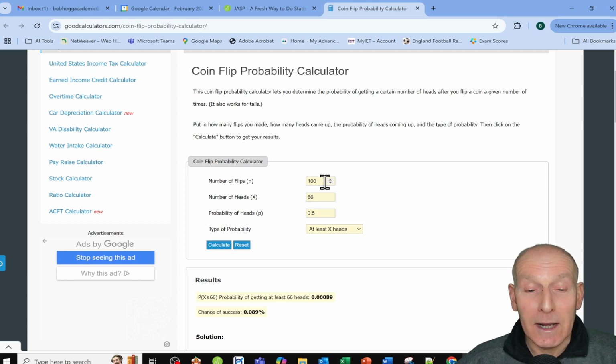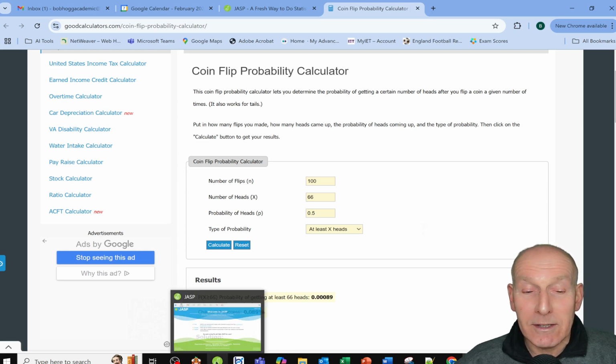So that's what it actually means in practice. So have a think about that when you're thinking about your p-values, and it's a good way of working out what it actually means when we see this p-value in practice.